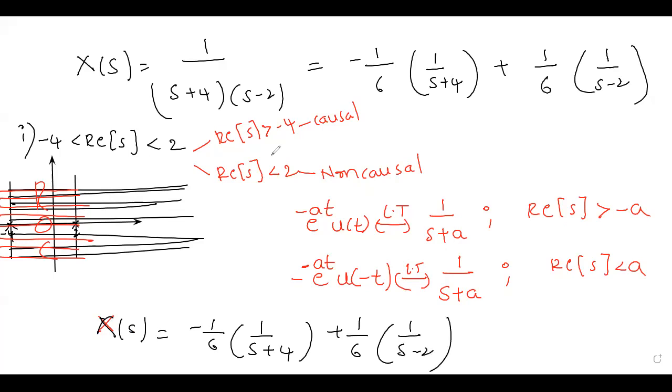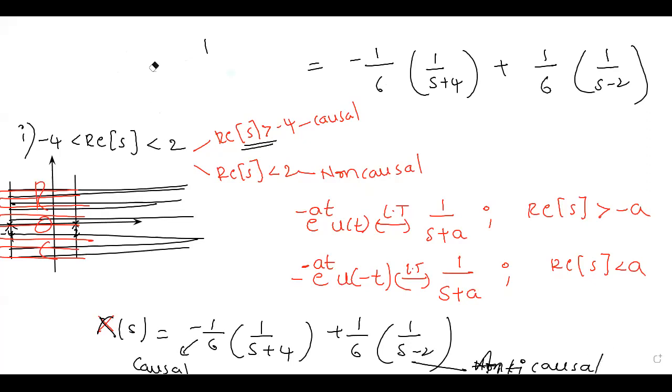So here, real part of s is greater than minus 4. S equal to minus 4 is the pole, so for this I have to select the causal signal. And here real part of s is less than 2. 2 is the pole here. For this, real part of s less than 2 means which signal I have to select? Anti-causal signal, isn't it?